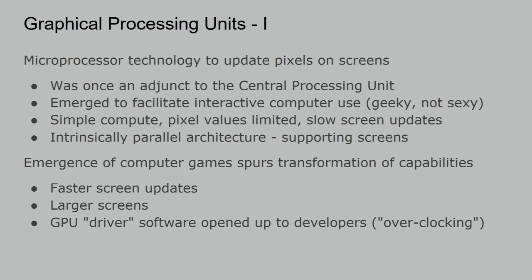Now, it wasn't recognized immediately, so we have gamers to thank in part for the evolution of GPU devices to be as capable as they became around the time of the AlexNet that was described in the morning session. That was the first neural network that was able to achieve really high precision on image categorizations.